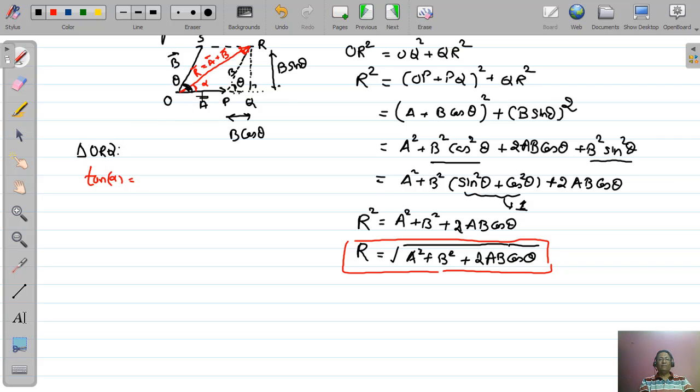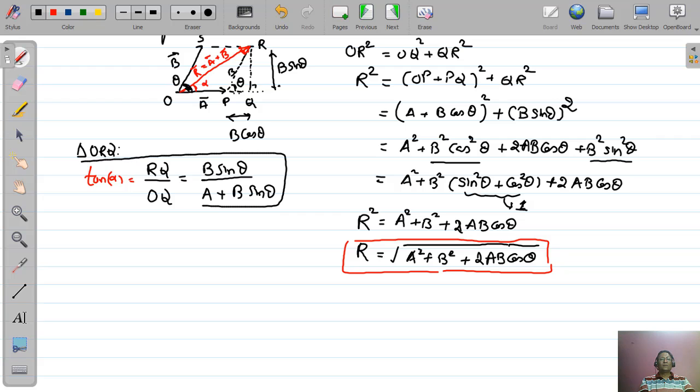In ORQ, tan alpha equal to RQ perpendicular by base OQ. What is RQ? RQ is B sin theta. And what is OQ? It is OP plus PQ. And OP is A plus PQ is B cos theta. So this is the value of tan alpha, and we have to memorize this formula.